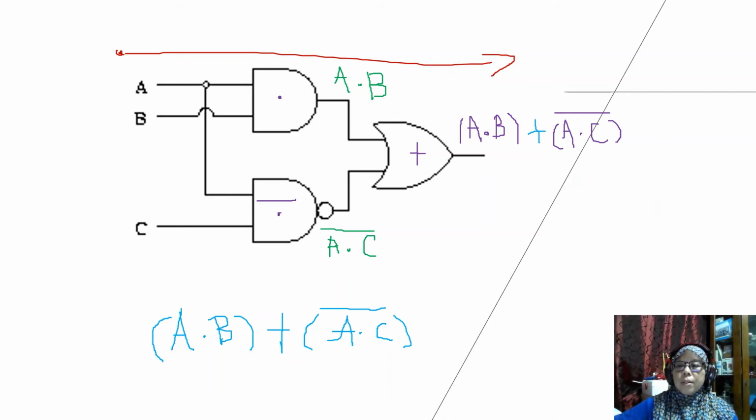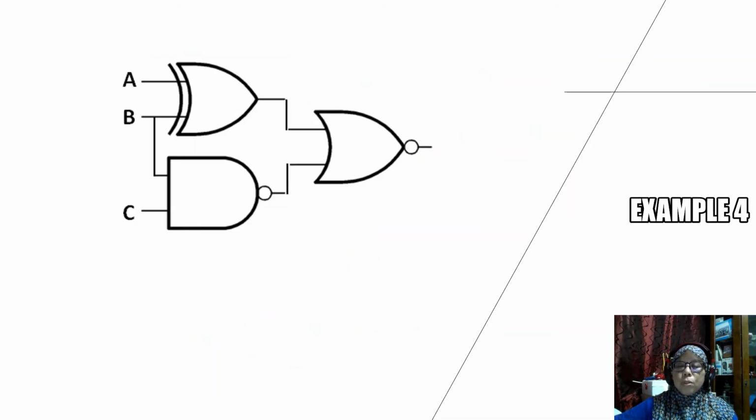Right. Boleh kita go to the example. Okay, kalau you nak pausekan sekejap video ni pun boleh. You pausekan sekejap and then you cari what is the answer, dan baru you check back dengan saya punya play again to check your answer. Okay.